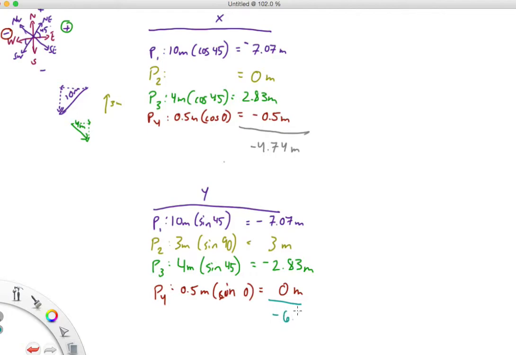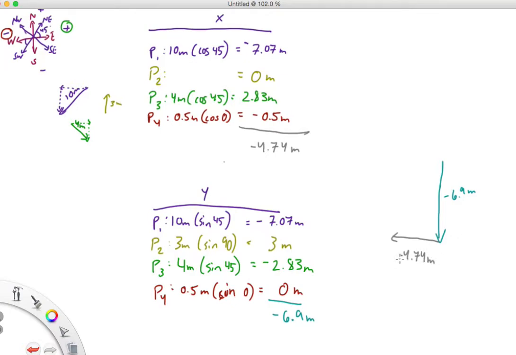I don't know why I don't do any other sig figs. So overall in our x direction we're going this way, and overall in our y direction we're going this way. For all the putts added together, the total y value is negative 6.9 meters, and the total x value is negative 4.74 meters.